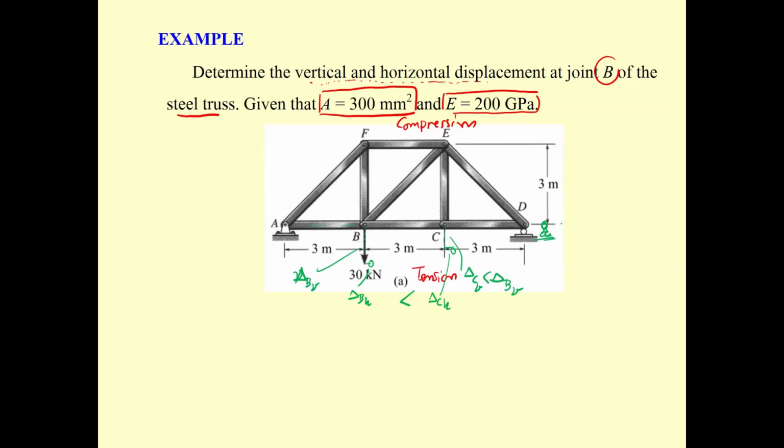But for this one, delta sub DV is going to be 0. Delta sub DH is going to be larger than delta sub CH because every member has tension. Okay, in my opinion.